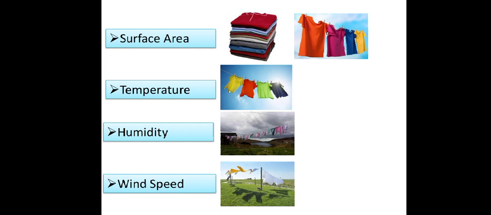As surface area increases, evaporation increases. In short, remember: less surface area, fewer molecules escape as gas; more surface area, more molecules escape as gas. In turn, evaporation increases with surface area and vice versa.